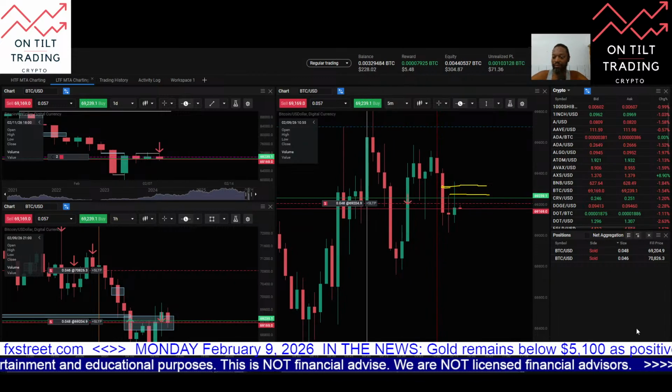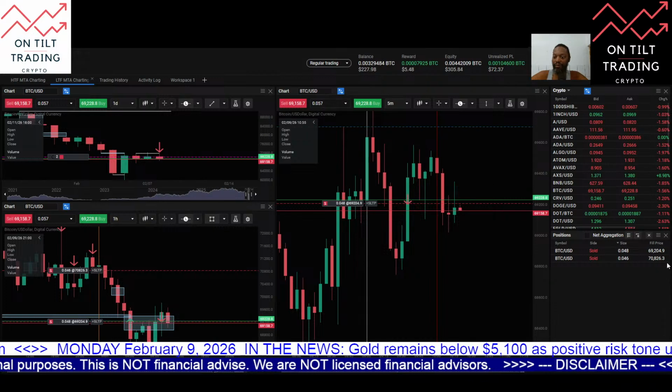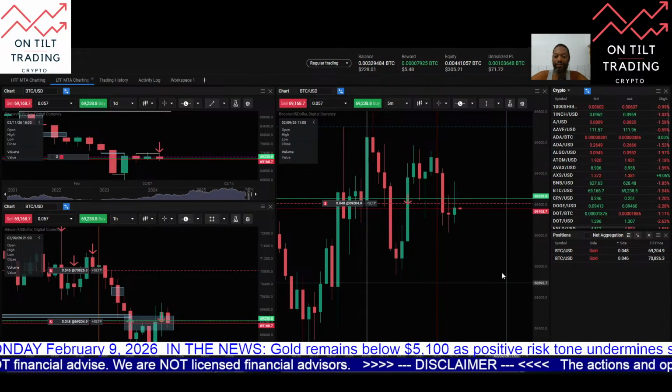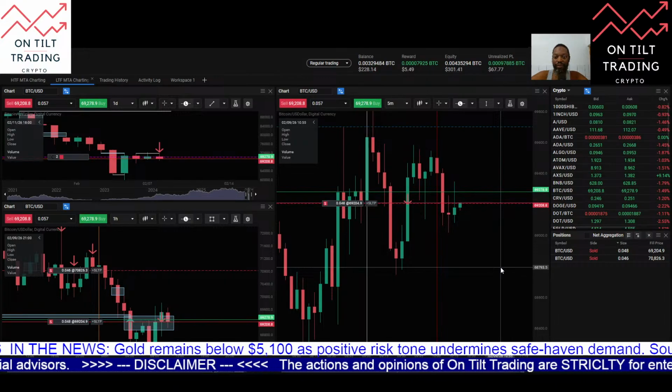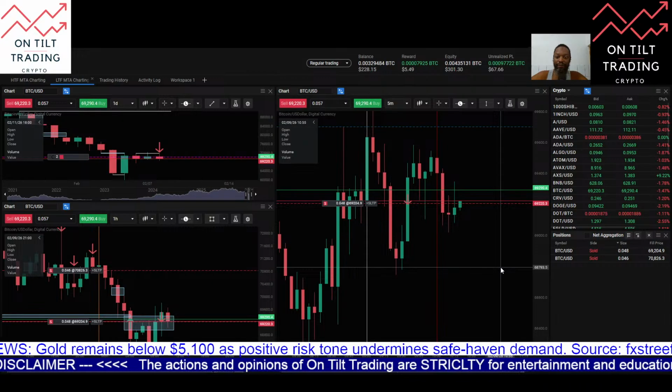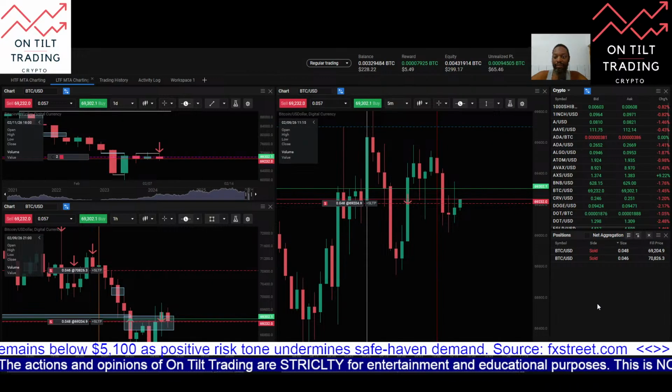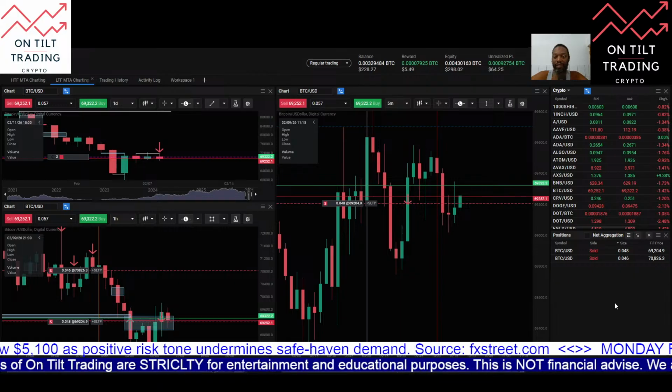And price closed below the sell side imbalance, buy side inefficiency here on the 5-minute. So we'll see if there is continuation here with this sell side delivery. Price here delivering to the buy side, 69,250 level.